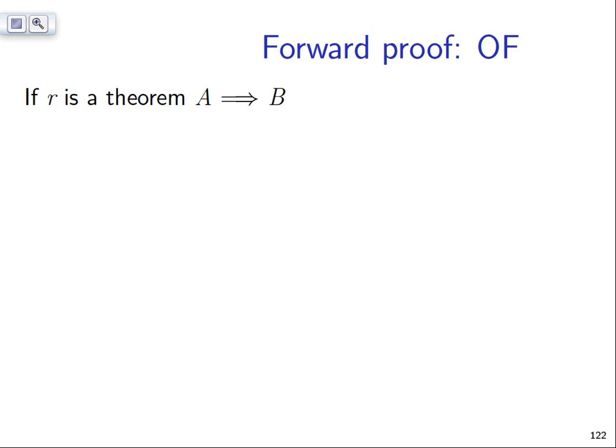You can also, in a limited fashion, do forward proof, and this is an operator called OFF. So what is forward proof? Forward proof is meaning combining two theorems where the conclusion of one theorem unifies with the premise of the next theorem. So you're making kind of a chain, a reasoning chain there.